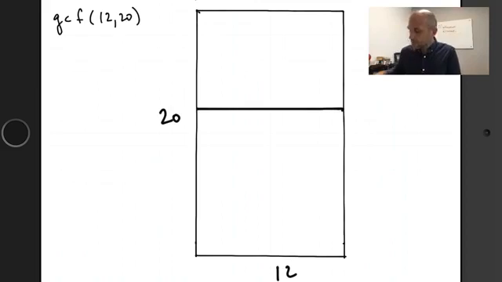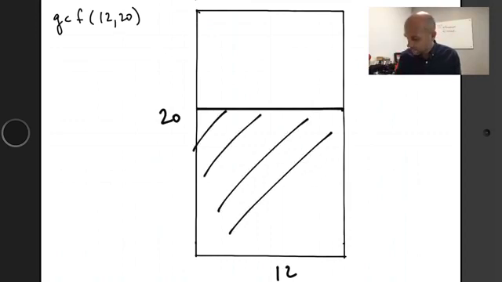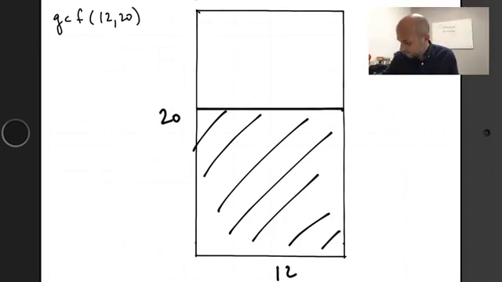Okay. So what I've created there is a 12 by 12 square. Okay. So this is 12, and so is that. Okay. And I know that we've done a lesson previously on composite area and just thinking about how we break up shapes into smaller shapes and things like that.